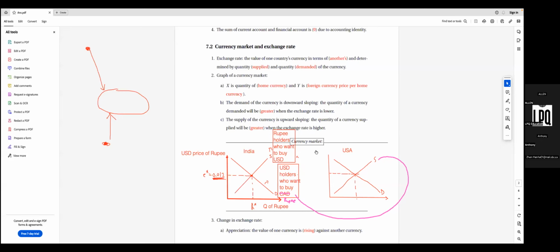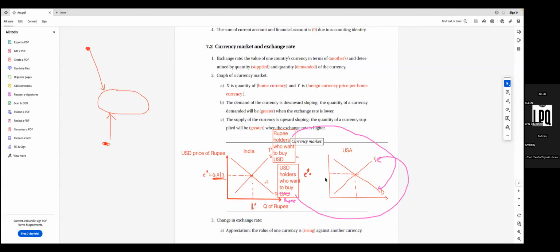Now the E star on the left hand side is 0.012. So what about the exchange rate in the right hand side market? You just grab your calculator and do 1 divided by 0.012, which roughly equals 83.3. So how do you understand this number?